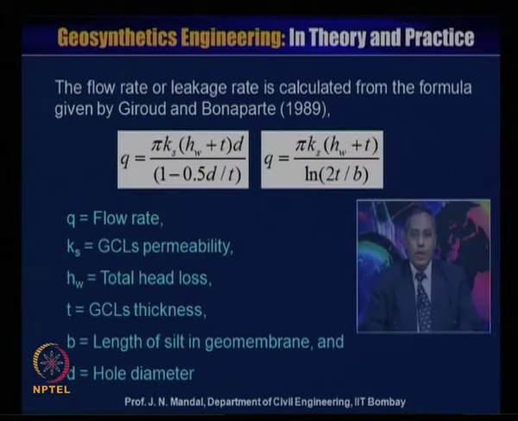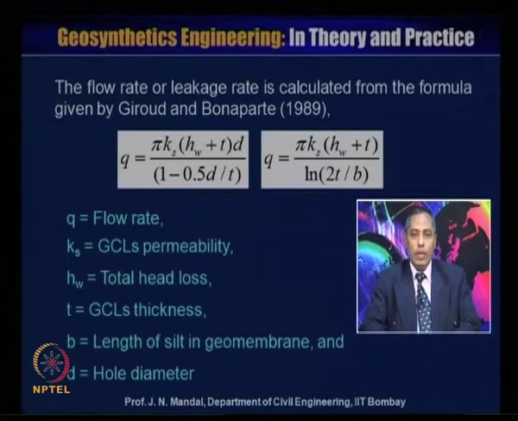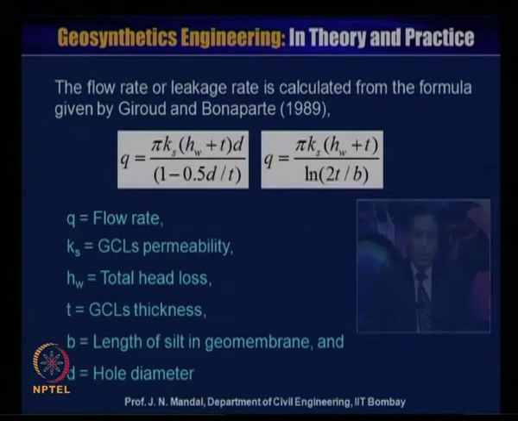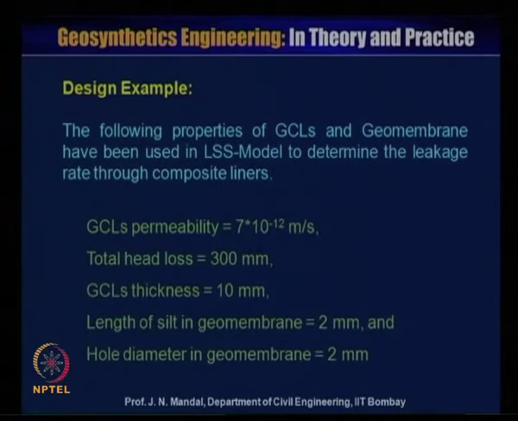Q is equal to pi Ks (HW plus T) into D divided by (1 minus 0.5 D by T), or Q is equal to pi into Ks (HW plus T) divided by A ln (2T divided by B), where Q is the flow rate, Ks is the geosynthetic clay liner permeability, HW is the total head loss, T is the geosynthetic clay liner thickness, B is the length of slit in the geomembrane, and D is the hole diameter. So, I am giving a design example.